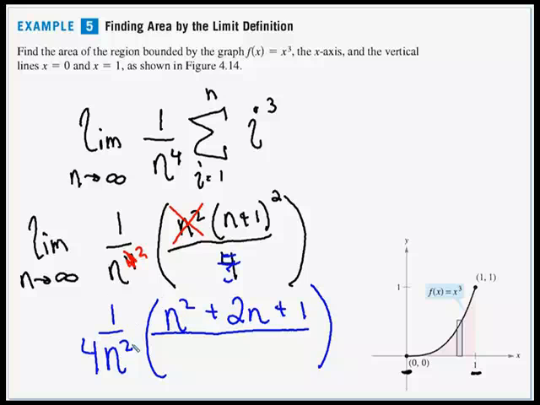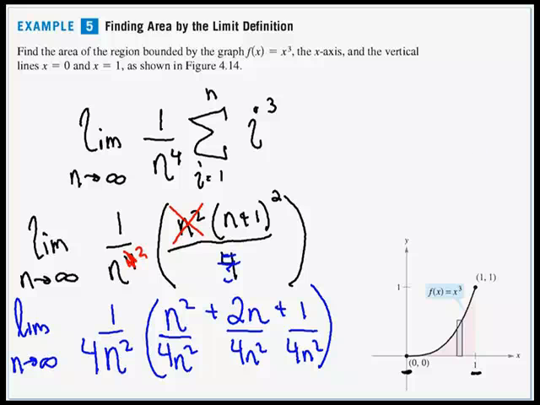Now when we distribute this back through, our 1 in the numerator won't change anything, but every one of these will get a denominator of 4n squared. So we're going to have a 4n squared, another 4n squared, and another 4n squared. And we're still thinking about this as a limit as n goes to infinity. Well, now we can apply that limit.